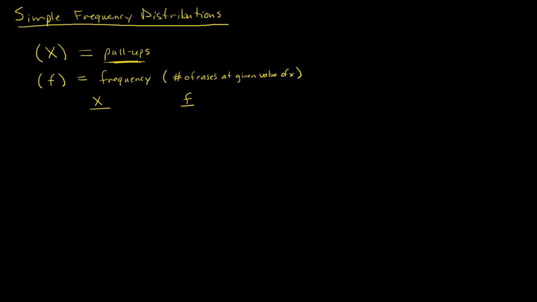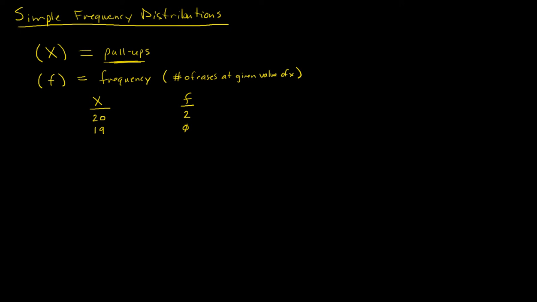Here's how this works. Let's say that on this random variable x, somebody was able to complete 20 pull-ups. Let's say we didn't have one individual that can do that; we had a frequency of 2 individuals that could do that. And at 19 pull-ups, we had nobody that could complete 19 pull-ups across these 112 students.